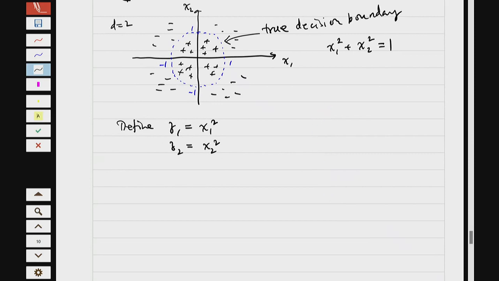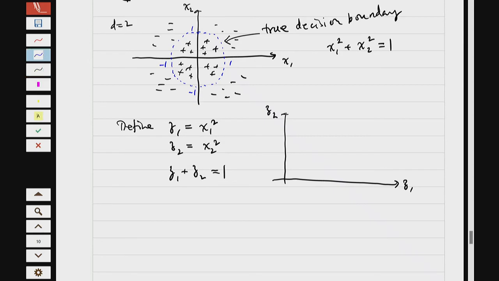All the Z1, Z2 are non-negative, right? This boundary becomes what? Z1 plus Z2 equals 1, right? In the Z space.